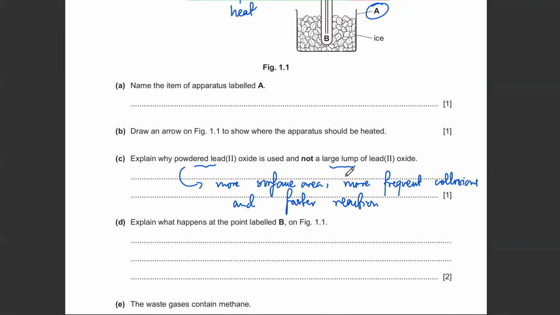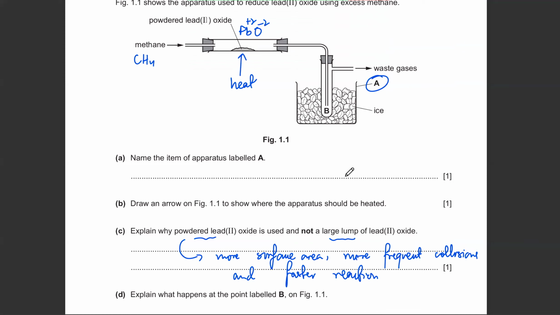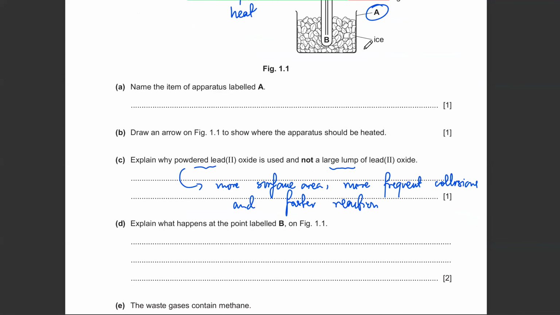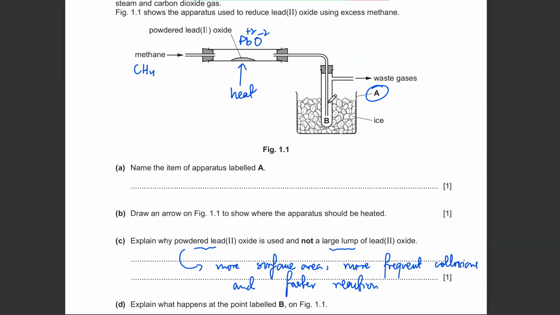So explain what happened at the point labeled B. What happens at the point labeled B? What do you think is the equation? Like CH4 plus... At B the ice will cool it down.